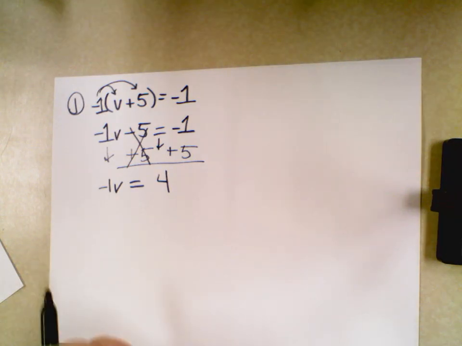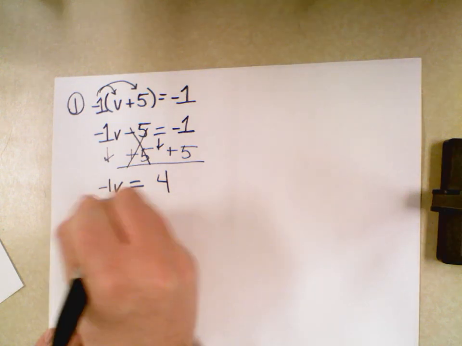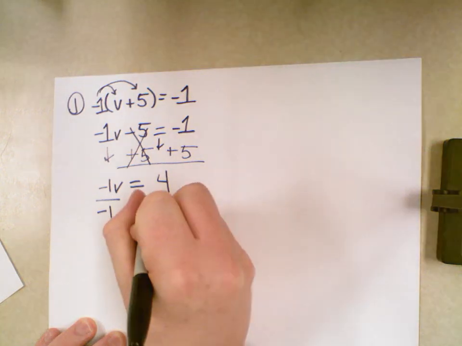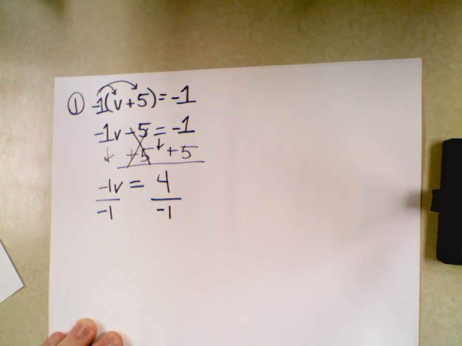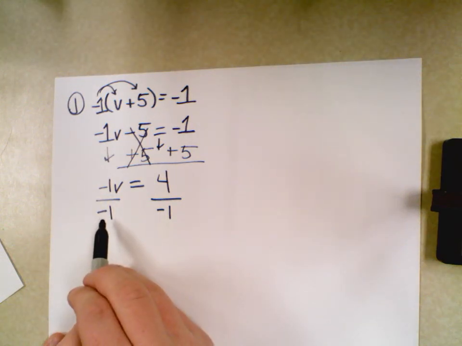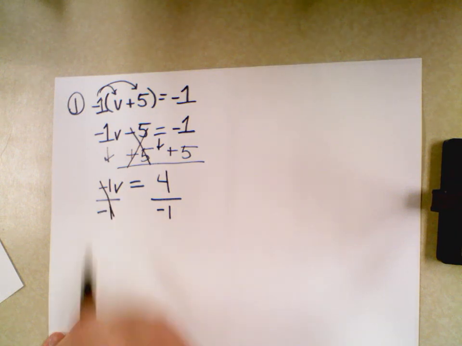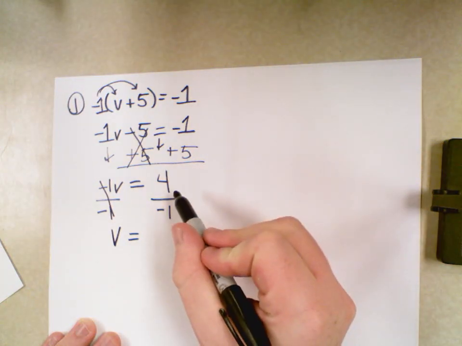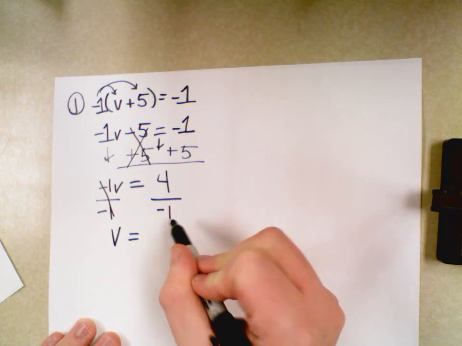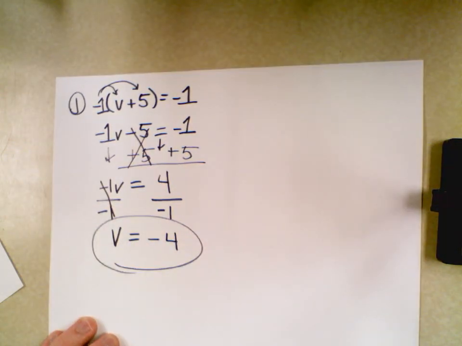So that means I need to do the opposite, which therefore I'm going to divide by -1. -1 divided by -1 is +1, or v. Okay, so you could bring the v down, equals, and then 4 divided by a -1 would be a -4. That is how you do a two-step equation.